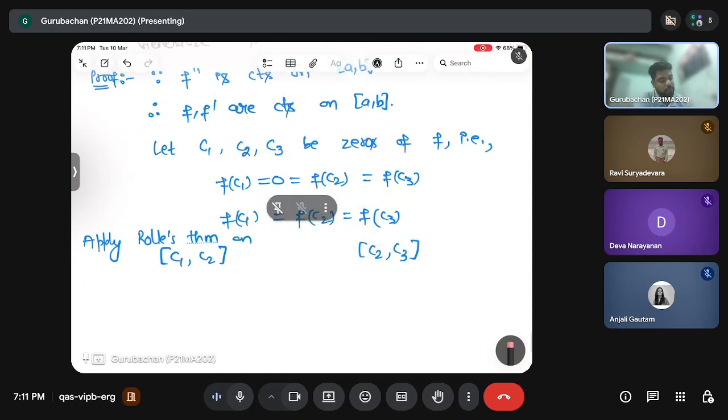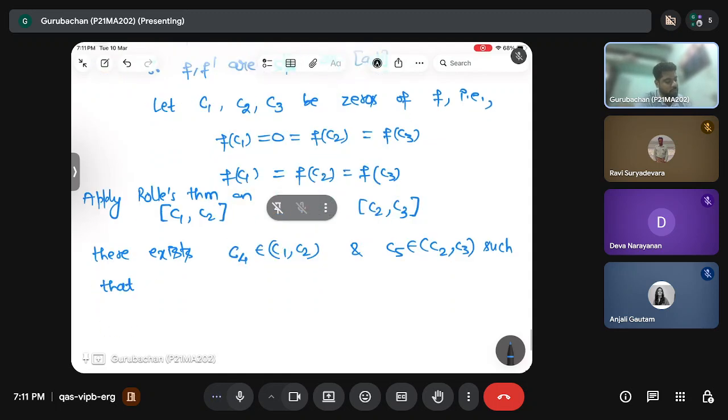So by Rolle's theorem, there exists some c4 in (c1, c2) and c5 in (c2, c3) such that f dash of c4 is 0 and f dash of c5 is 0.